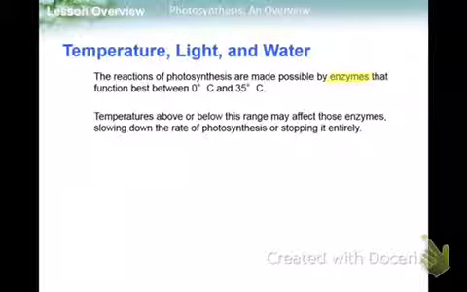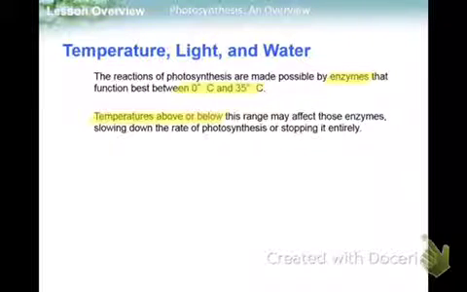There are enzymes that drive photosynthesis. And remember way back when we talked about enzymes, that temperature plays a role in how effective enzymes are. So enzymes function best in photosynthesis between 0 and 35 degrees Celsius.